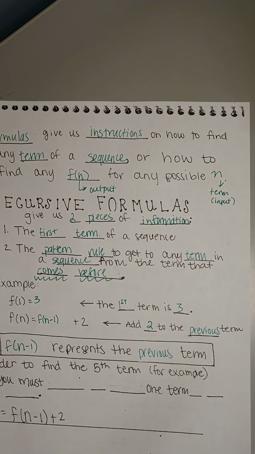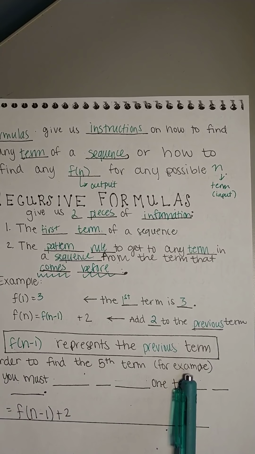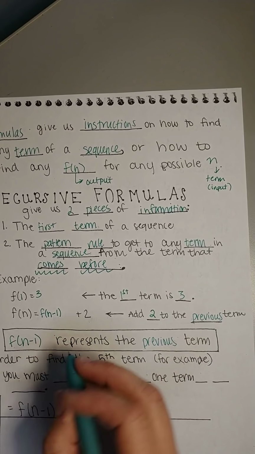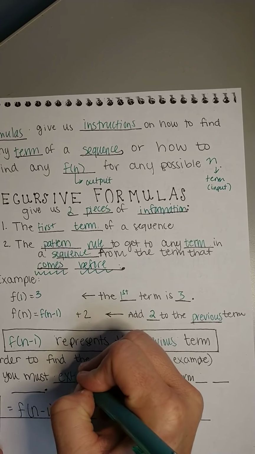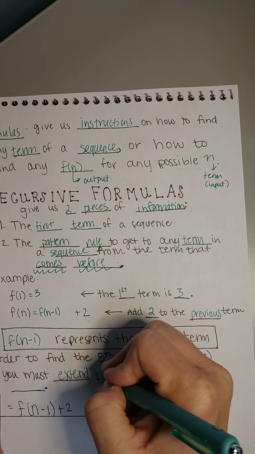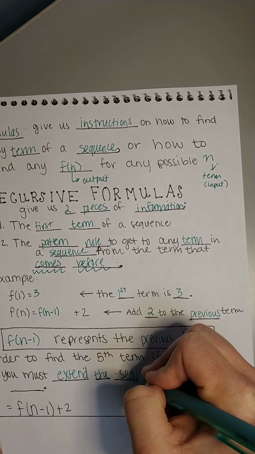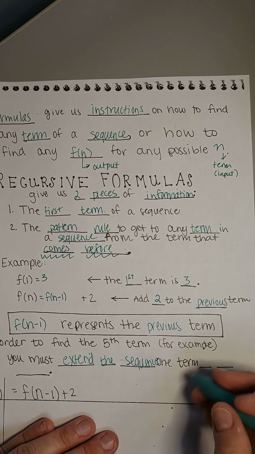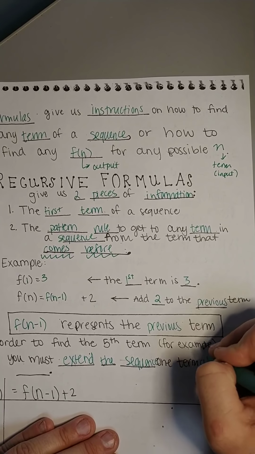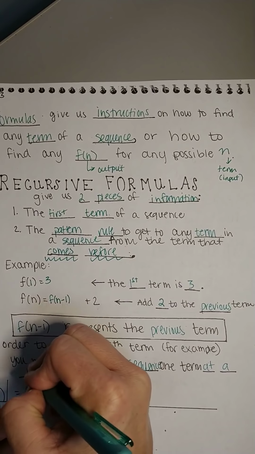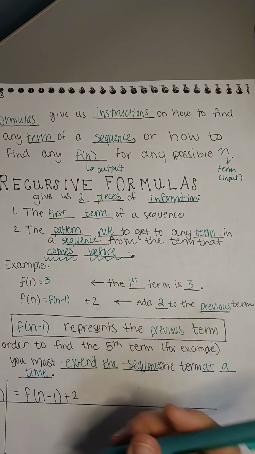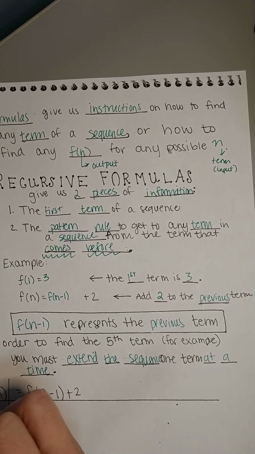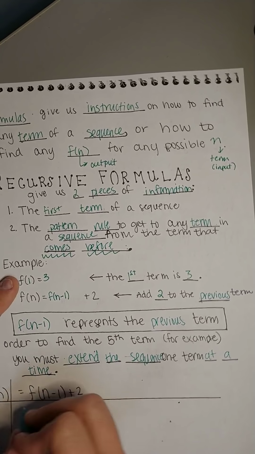Okay, so in order to find the 5th term, for example, you must extend the sequence one term at a time. So you have to go from term 1. So we know term 1, or f of 1, equals 3.